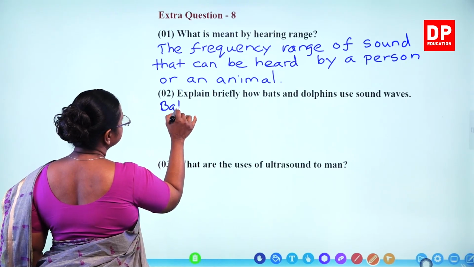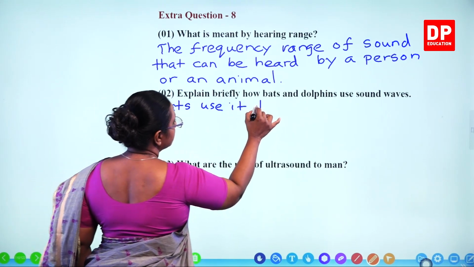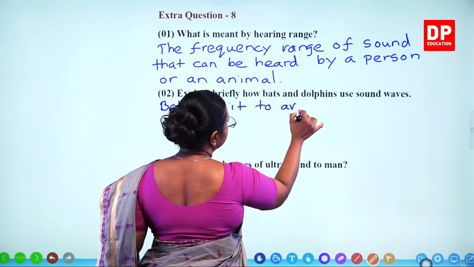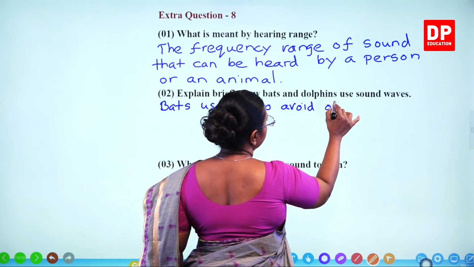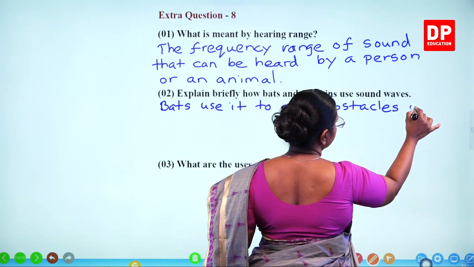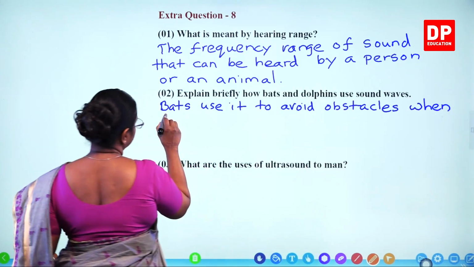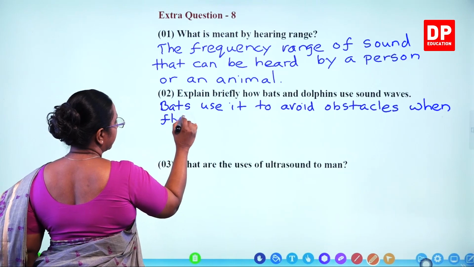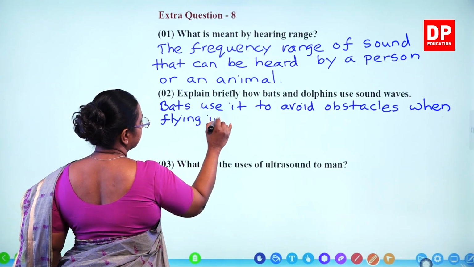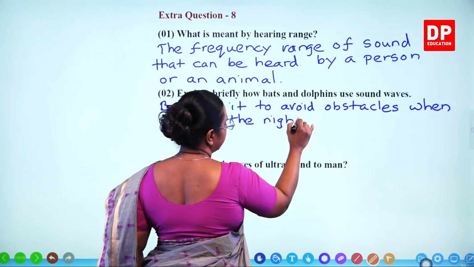Bats use it to avoid obstacles when flying in the night.